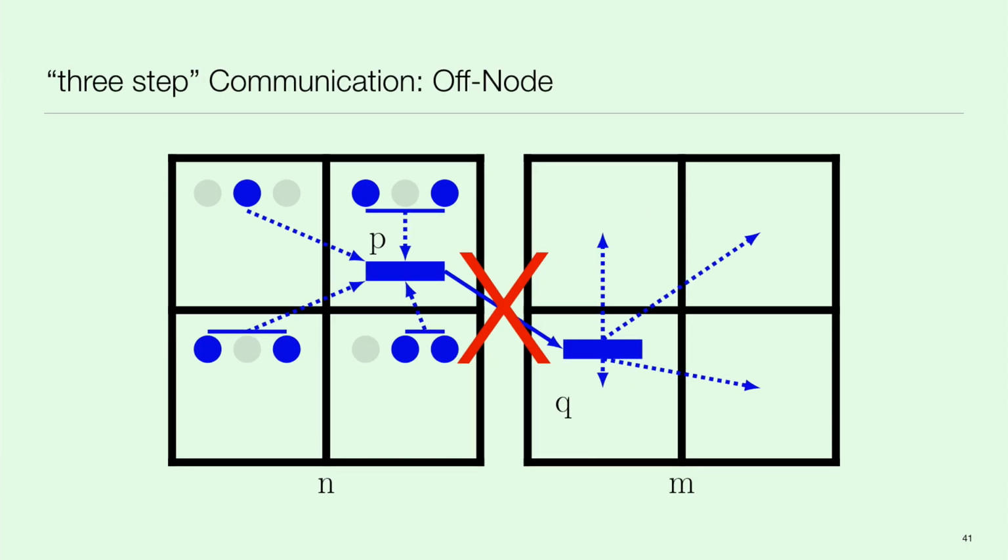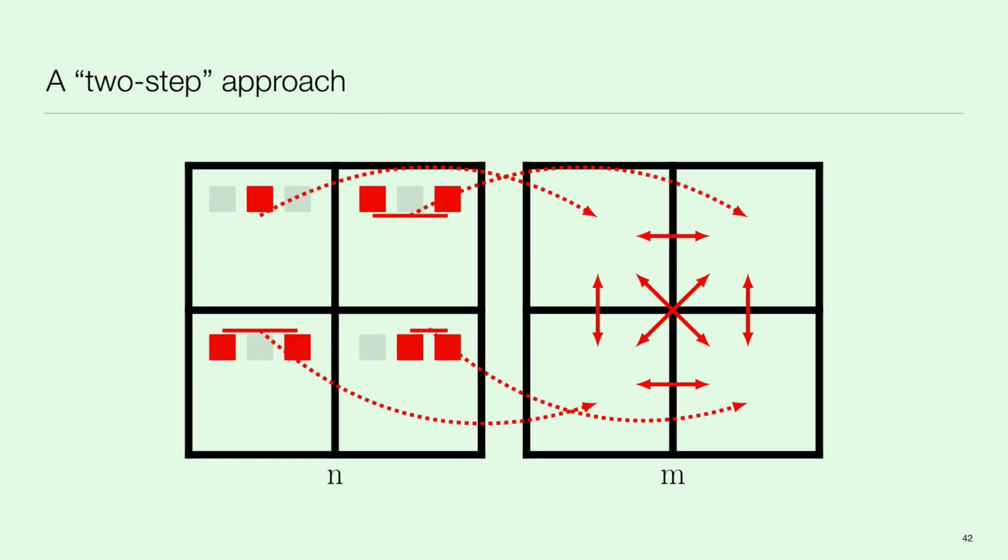And so we're not going to do that anymore, that big step in the middle. We're going to do slightly different, and this one is a two-step method, because there's two steps. One of them sends from process P on node N to process P on node M. Okay, so you're communicating with a specific core on node N and node M, and then you do an exchange of information on node M to distribute.